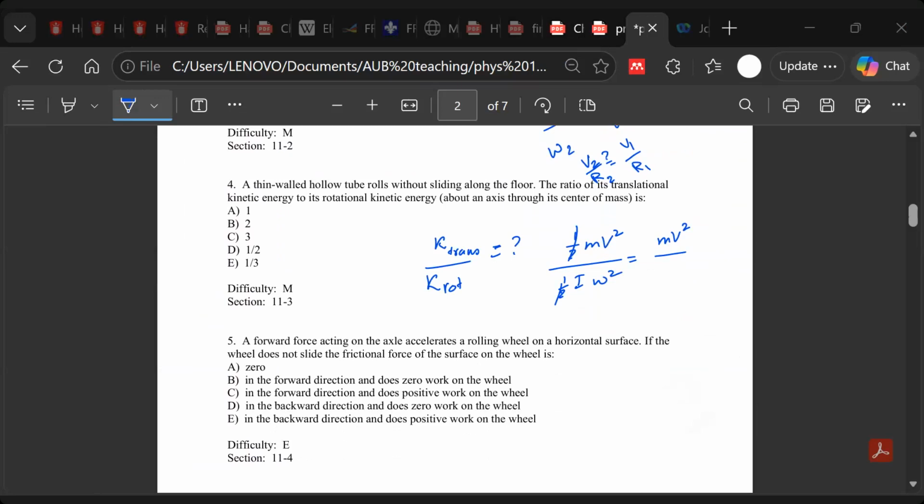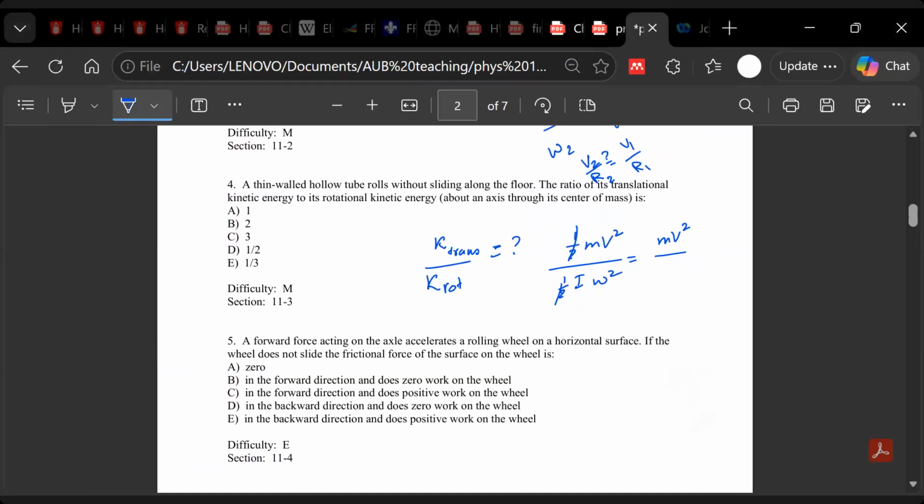So I want a thin hollow tube. This is basically the same as the hoop, right? Because it's thin, so it's not going to be having an inner and outer radius. So I'm going to take the hoop. This is I equals m r squared. So I'll have here m r squared, and omega is equal also to v over r, right? So I'll have v squared over r squared. Let's look at that. It cancels out to 1. So the ratio is 1.